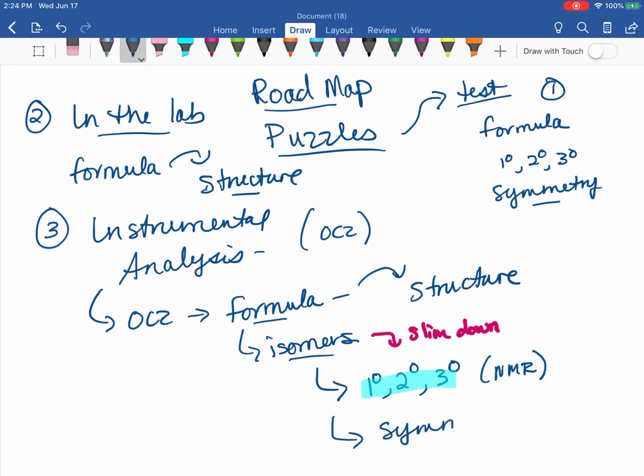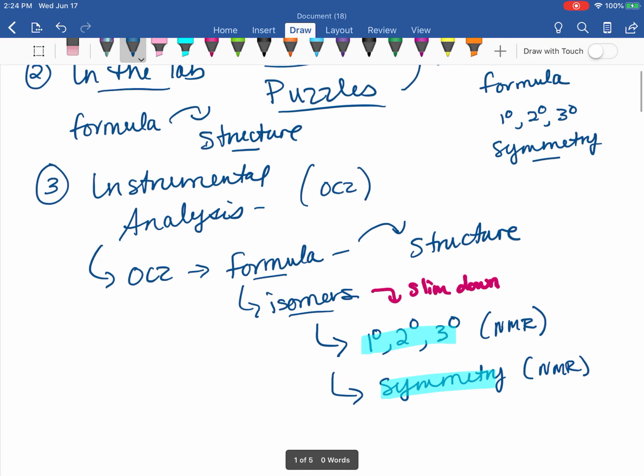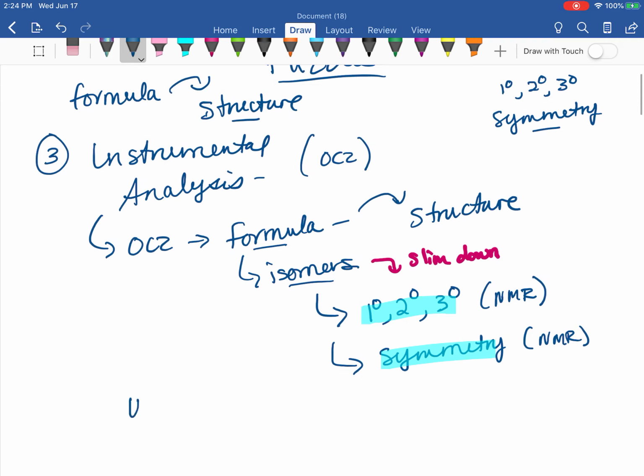And then another piece of information we're going to get is symmetry. Symmetry we can also get from NMR in OChem 2. So all of these, again, there is a rhyme to my madness or a reason to my madness. I'm trying to train our brains for some later problems in organic chemistry. And we are going to add to this in each one of our units.